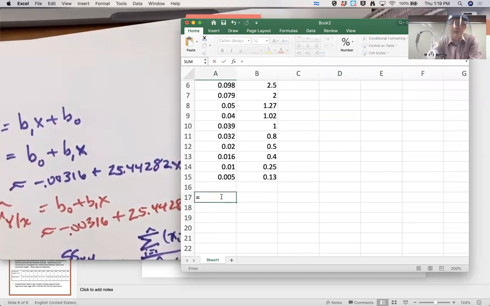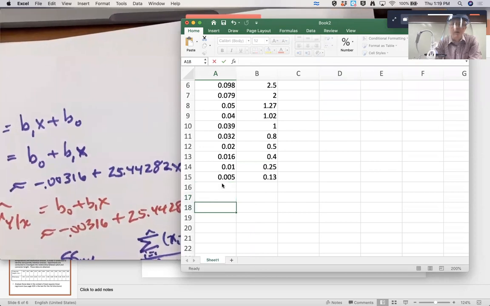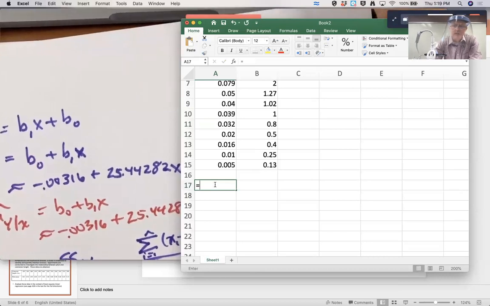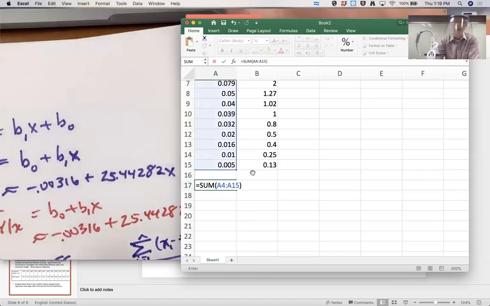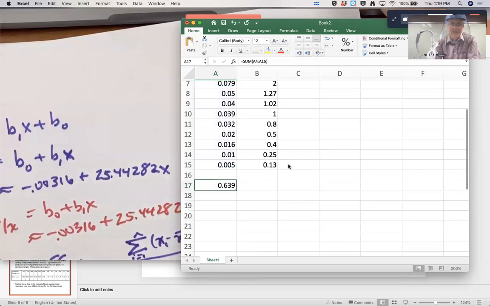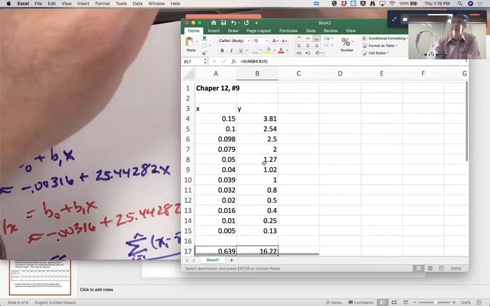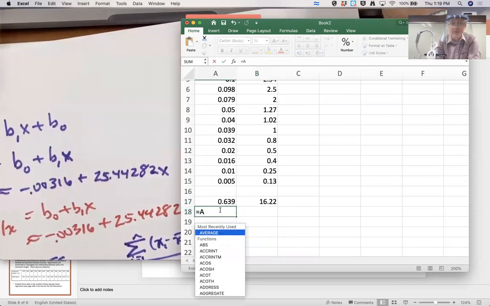Let's go ahead and compute the sum of the X's, for example, starting in A4. Equals SUM. That'll be the sum of the X's. Copy and paste that to the next column. It'll be the sum of the Y's. There's 12 numbers. I could divide those by 12 to get X bar and Y bar. I also could use equals average.